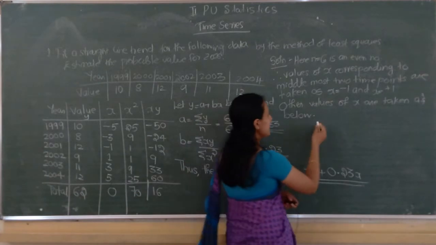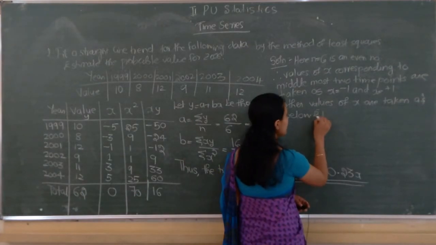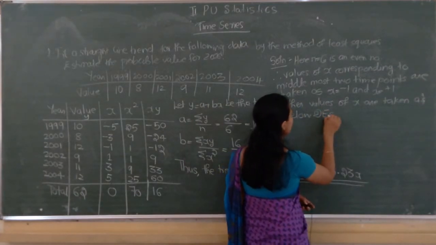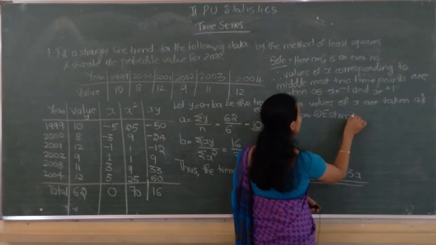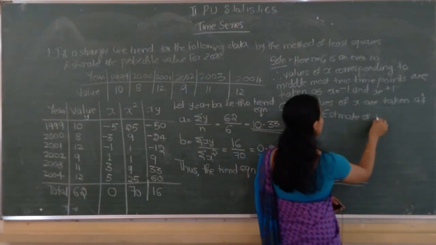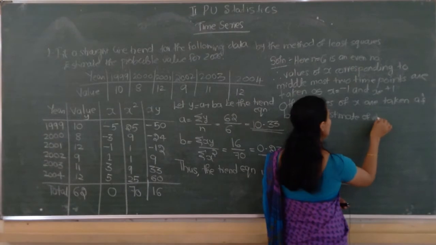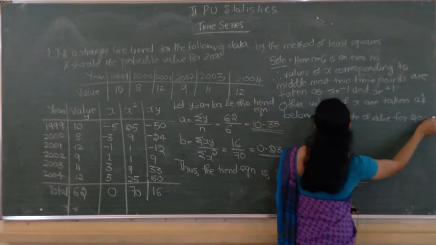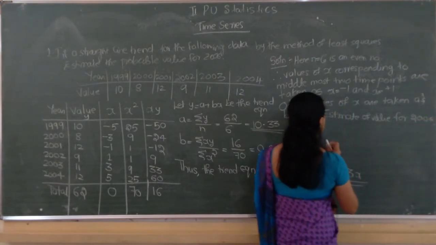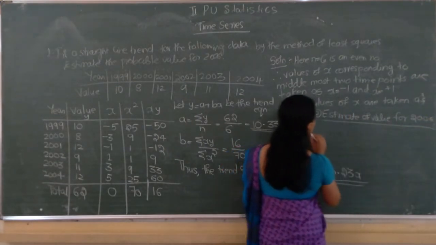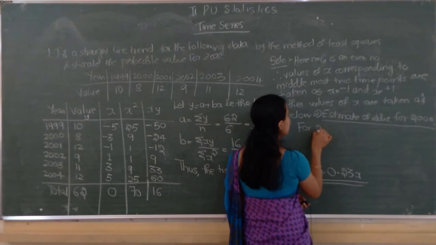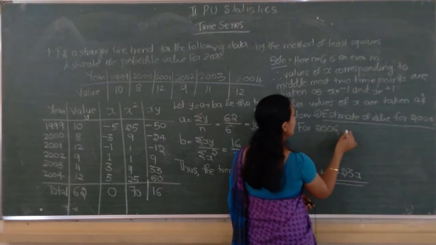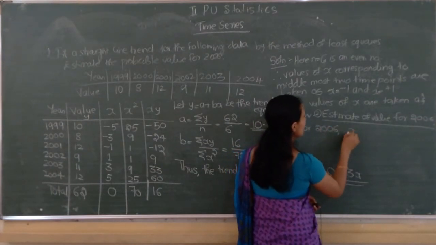So I will write here the second part: estimate of value for 2006. So that we have to find for 2006. x equal to how much?